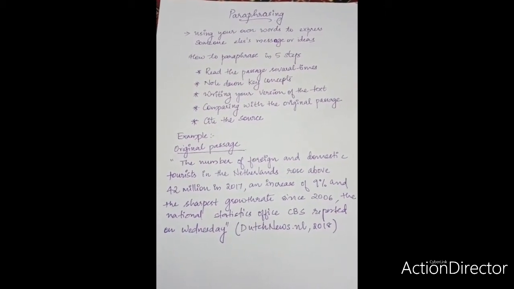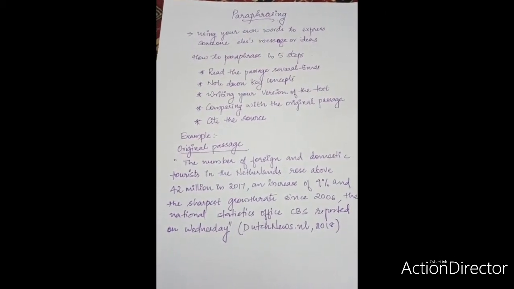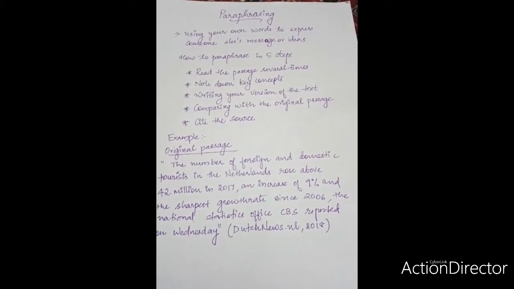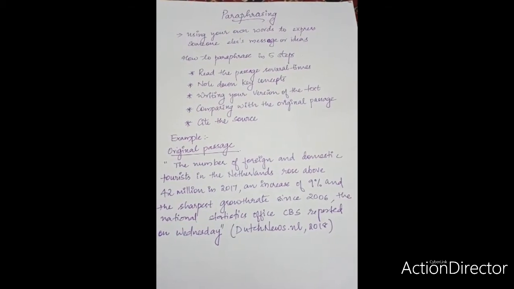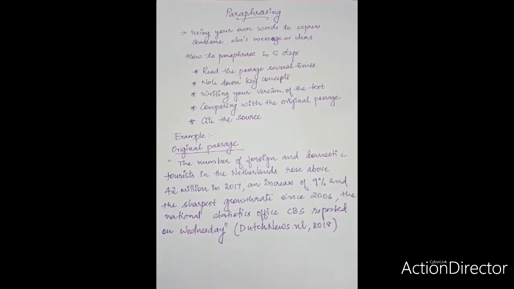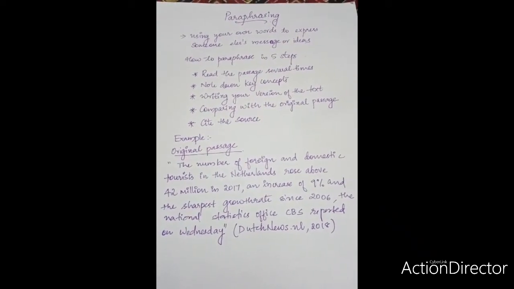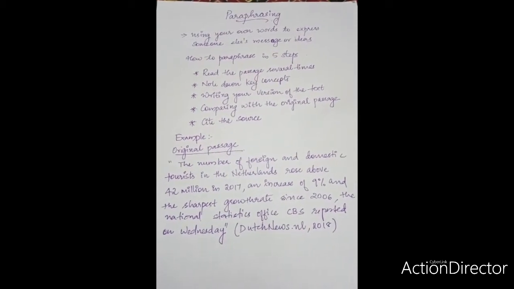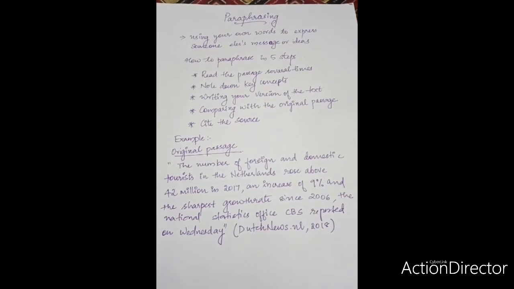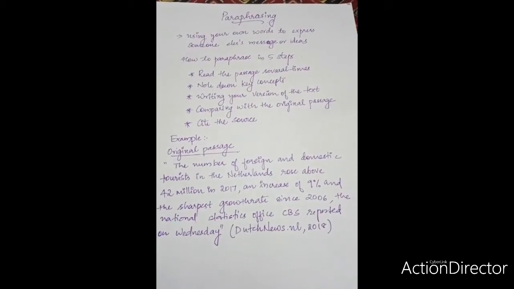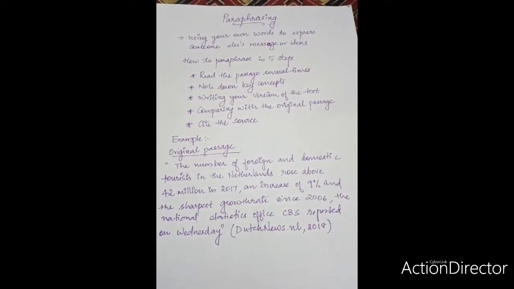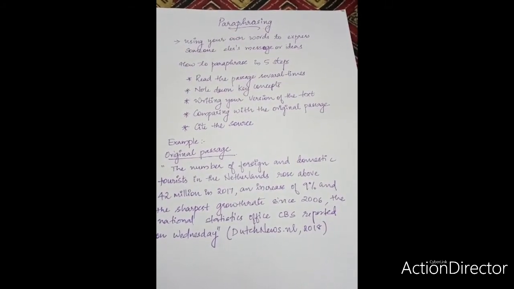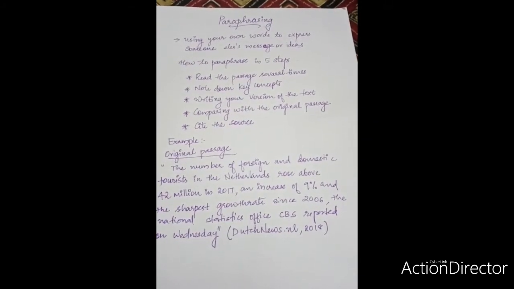The third step is to write your version of the text without looking at the original. Whatever you feel like writing in your own words, that is, writing your version of the text without actually looking at the original. The fourth step is to compare your paraphrased text with the original passage and make minor adjustments to phrases that remain too similar.